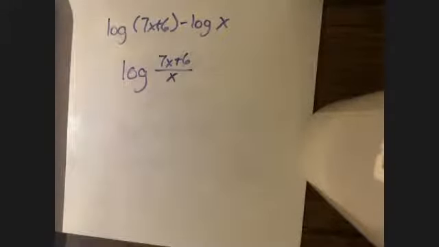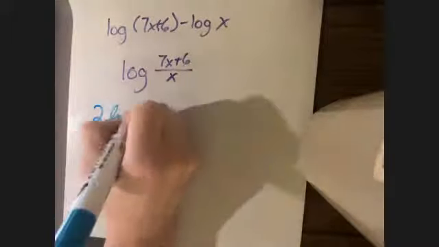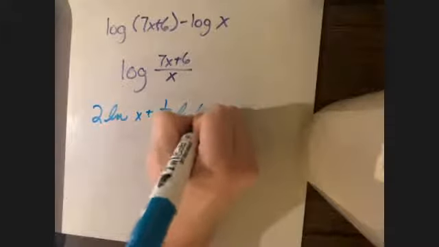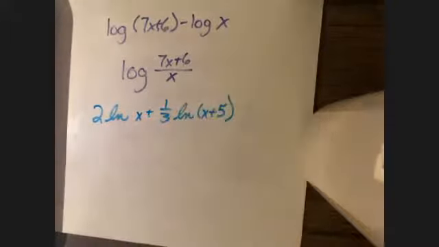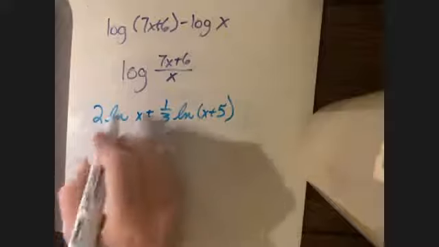Now, for one that is a little more involved, okay. So first thing is powers. So we're going to take this 2 and we're going to send it back up.